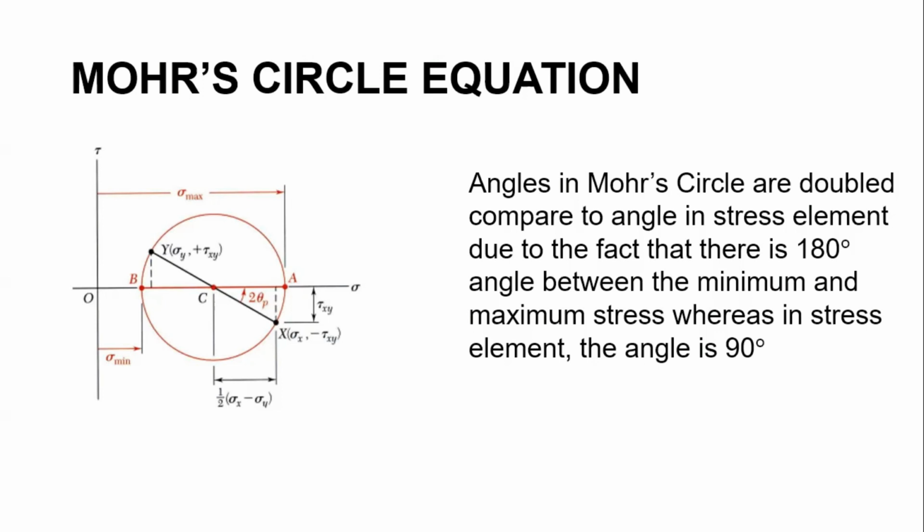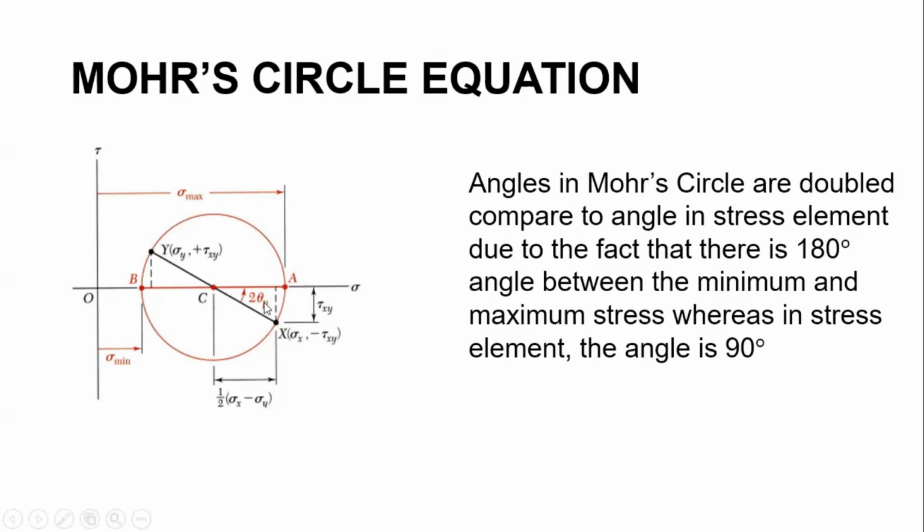Isa pang important information na dapat niyong tandaan is with regard sa angles. So angles in Mohr circle are doubled compared to angle in stress element, due to the fact that there is 180 degrees angle between the minimum and maximum stress, whereas in stress element, the angle is 90 degrees.